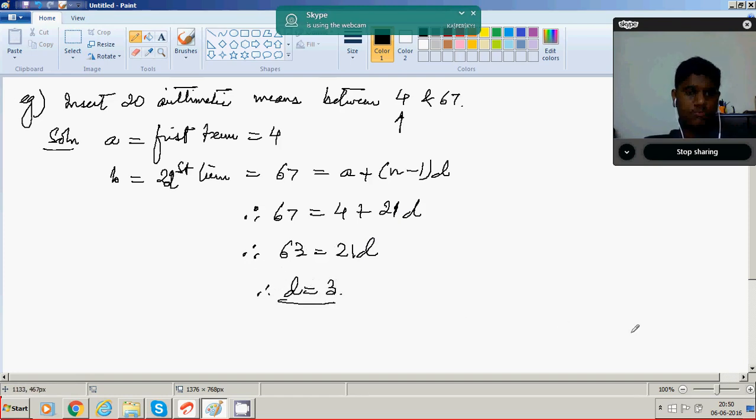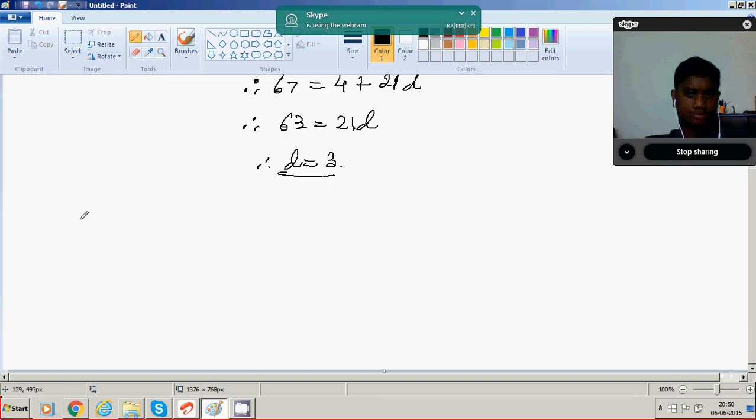So you have to explicitly write down, of course you can do it very well. A equal to 4, D equal to 3. So the 20 arithmetic means are 7, 10, 13, and so on.